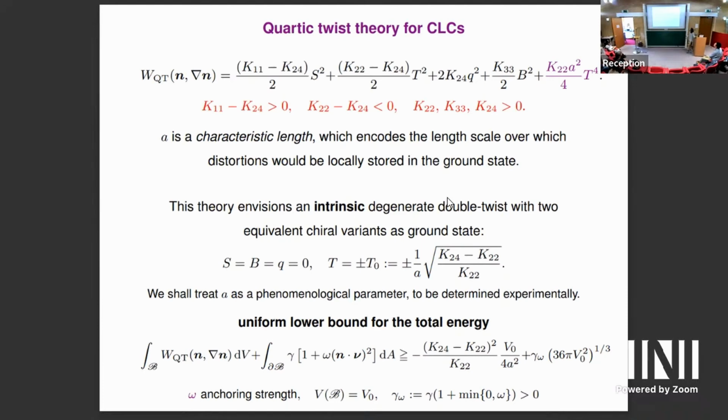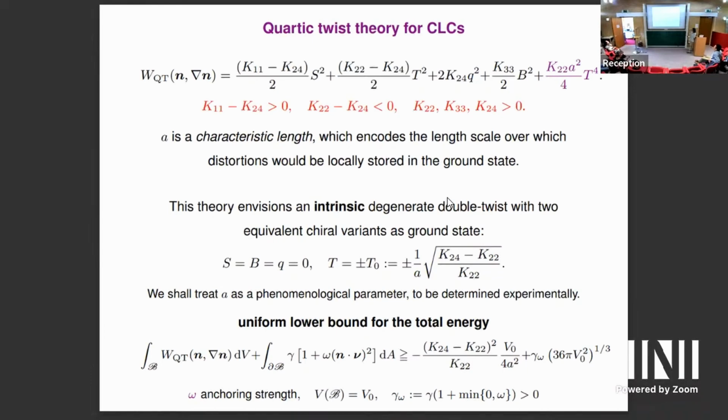And the quartic twist energy density, unlike the Frank free energy density, is bounded below when the Ericksen inequality involving K22 and K24 is violated, and it is minimum at the intrinsic degenerate double twist with the two equivalent spiral variants, which are represented by these distortion modes, where only P is non-zero.